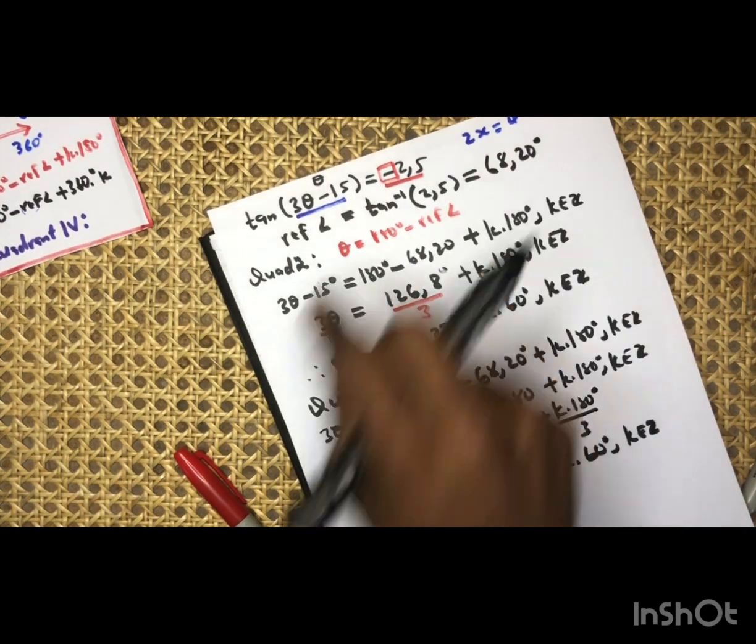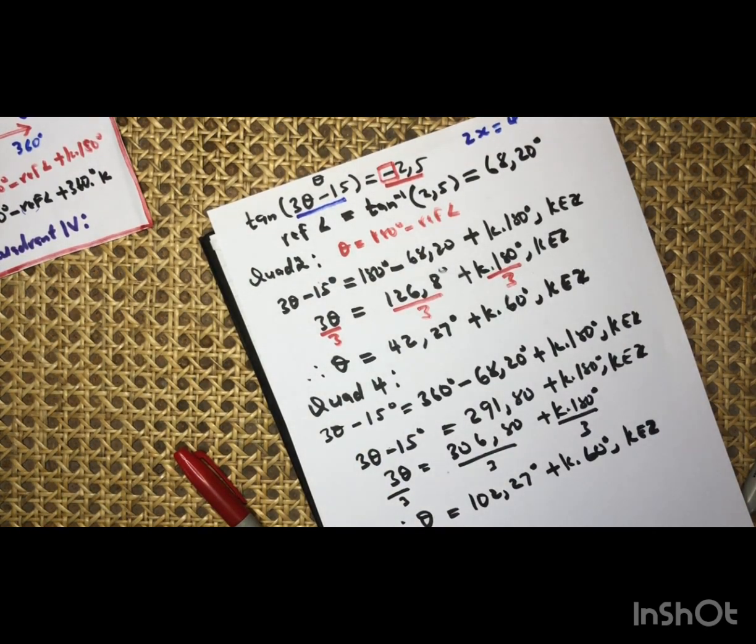But now it was negative. So this is the basic concept, guys, you need to remember, because in grade 12 we are going to introduce again the double angle and the compound angle when we are working with general solutions. So this is the basic concept of grade 11.